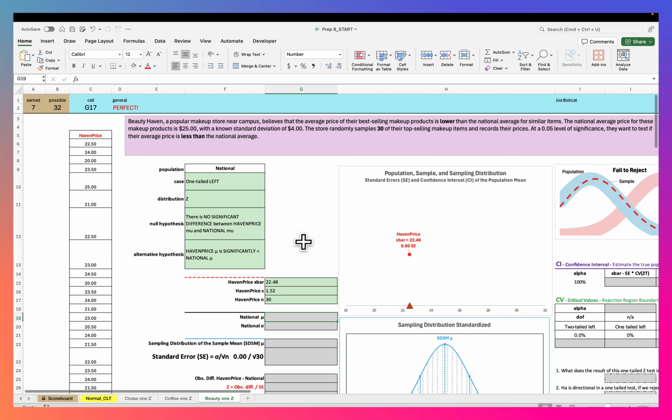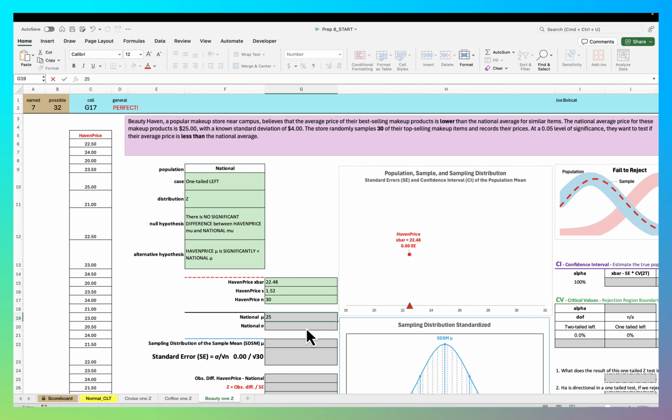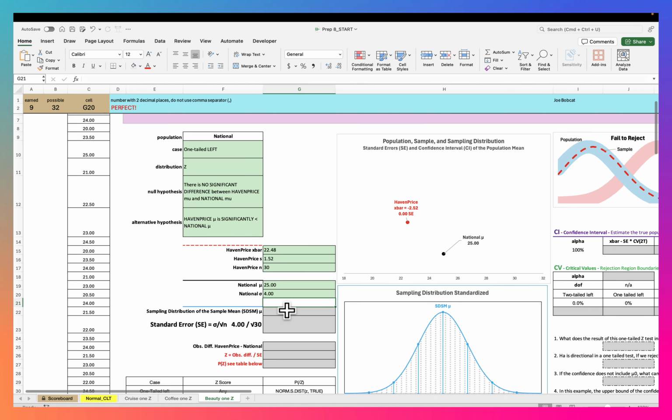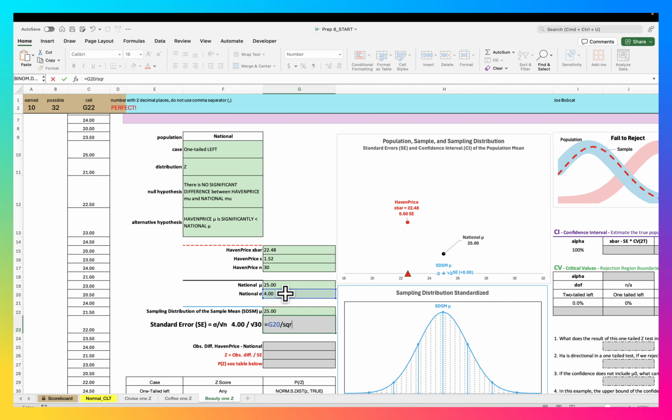And then the national mean was $25 with a standard deviation of 4. That was given in the problem. All right, the mean is always going to be equal to the national mean. And then the standard error is going to be equal to the standard deviation divided by the square root of n.